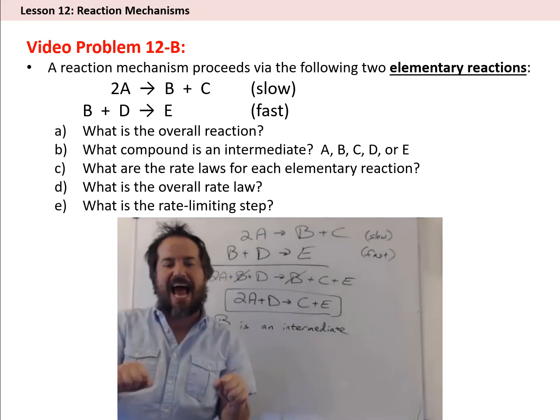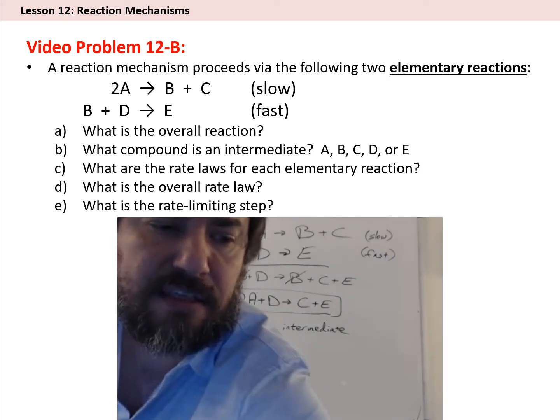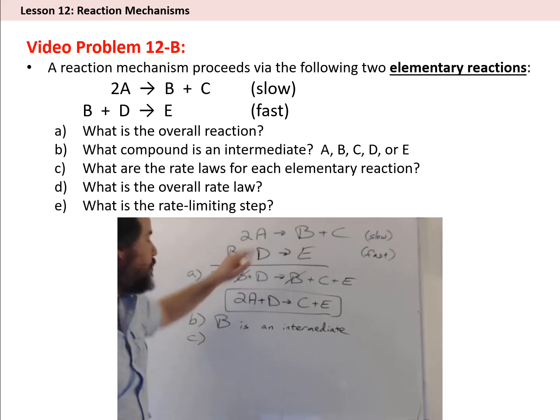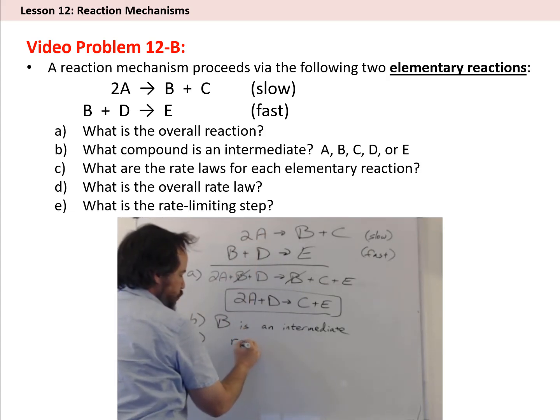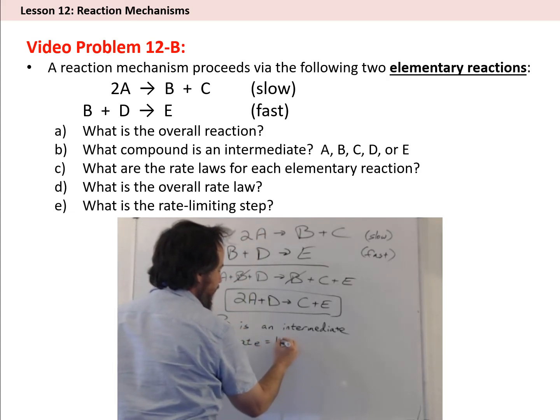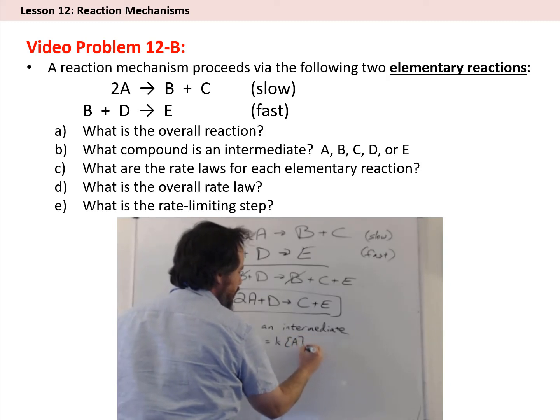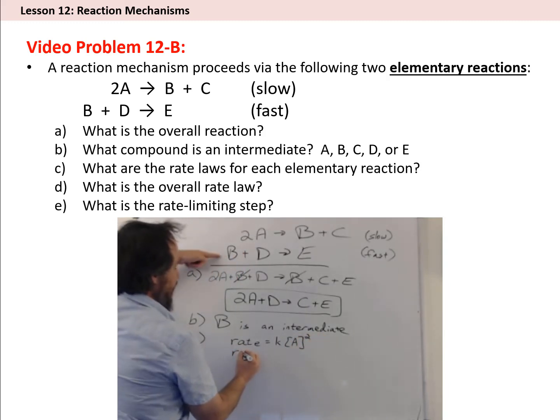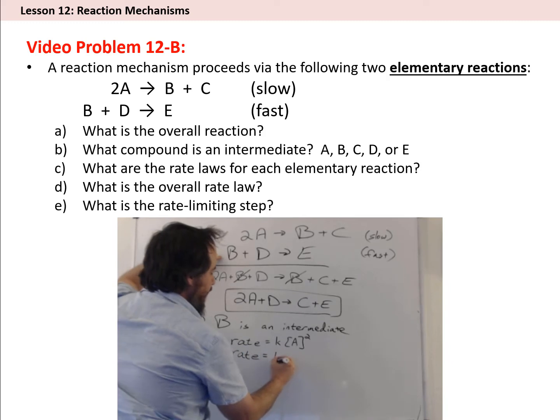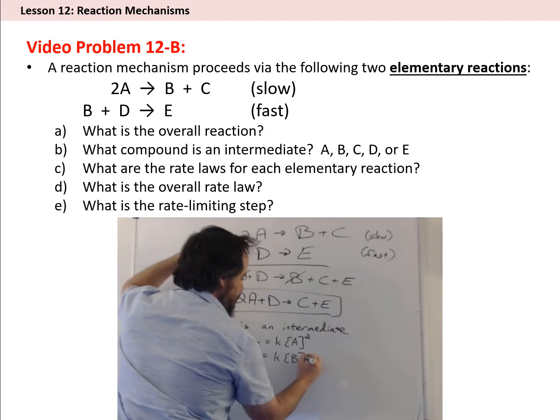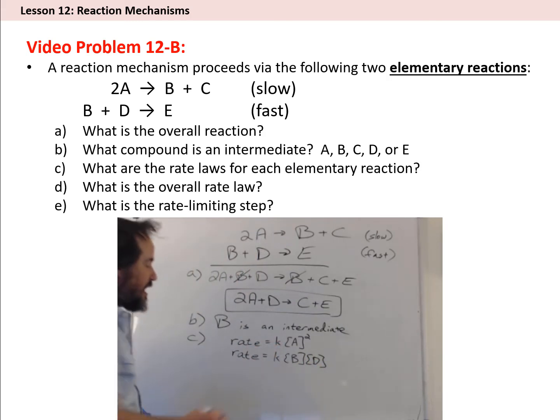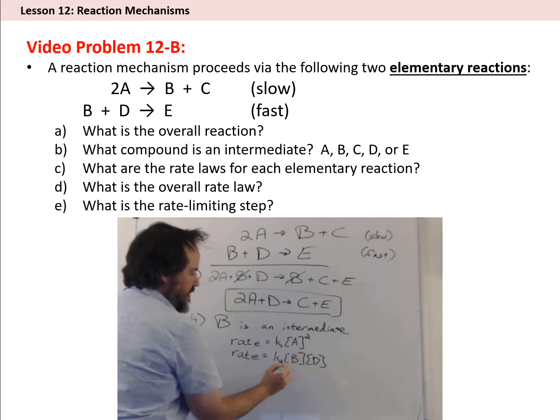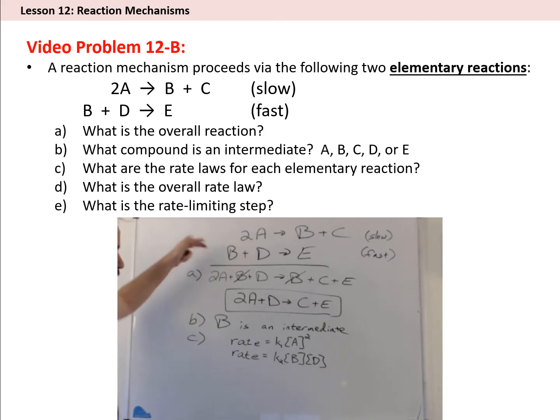It occurs exactly as it is specified, right? So 2 A's actually come together. So that means this one is rate equals K times A squared. And then this second one is rate equals K times B times D. Now, these aren't necessarily the same K, so we have to signify. We'll call this one K1, this one K2.